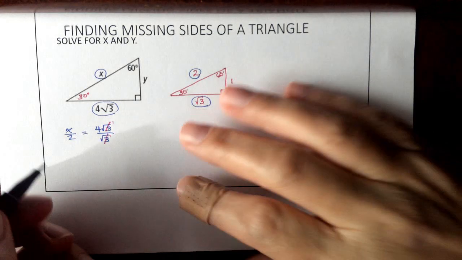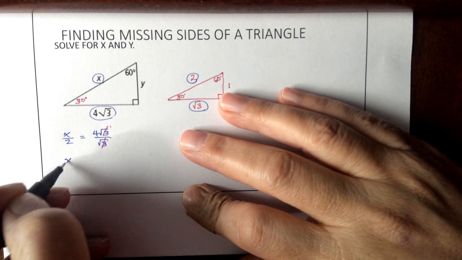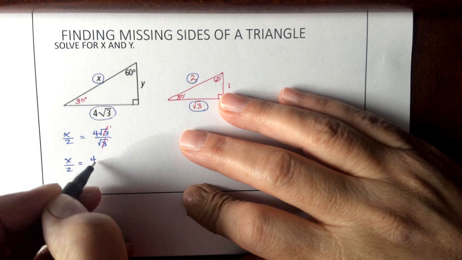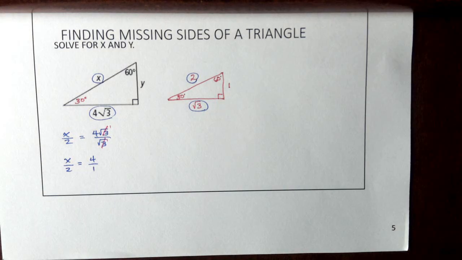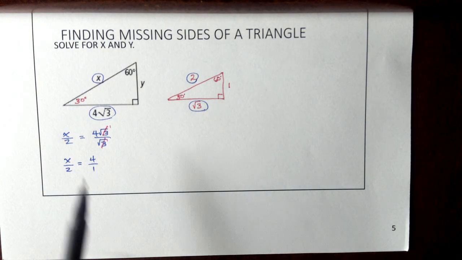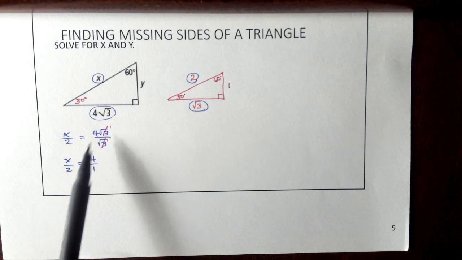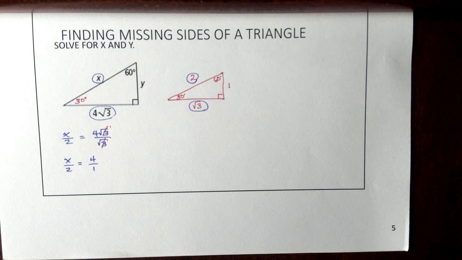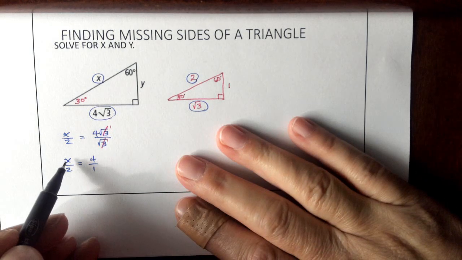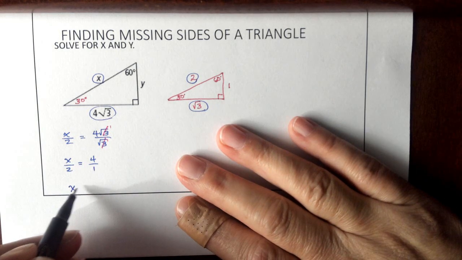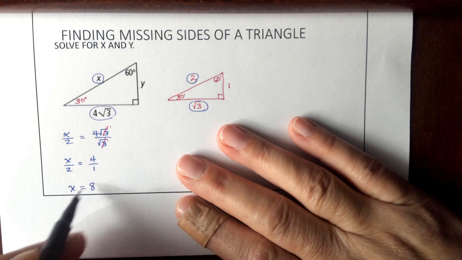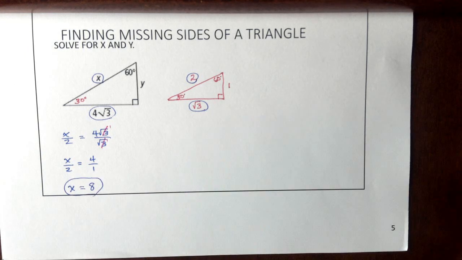So if I rewrite that, that's actually x over 2 equals 4 over 1, which is a much nicer piece to work with. So sometimes we can simplify before we cross multiply. It's going to make our work a lot easier. Now cross multiply, x times 1 is x, 2 times 4 is 8, x is equal to 8.